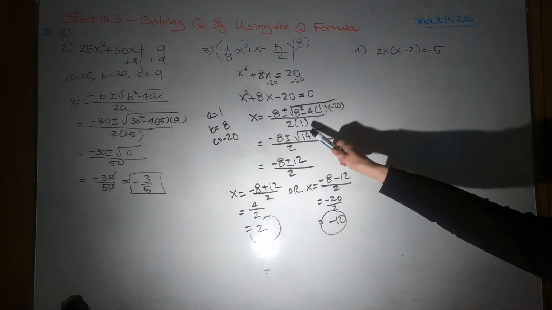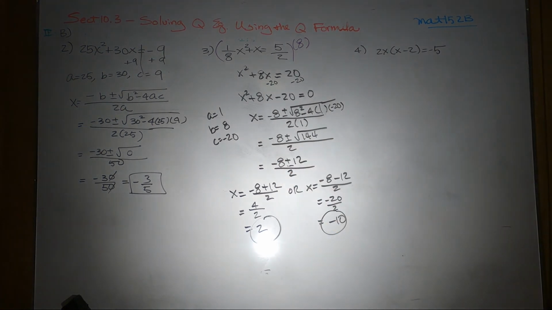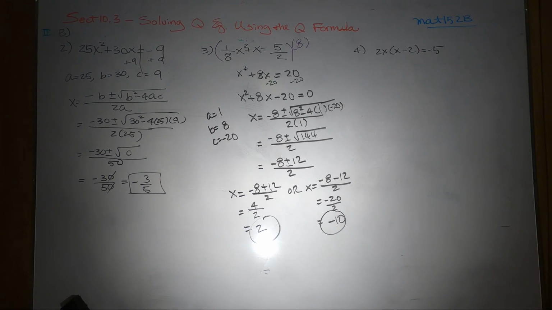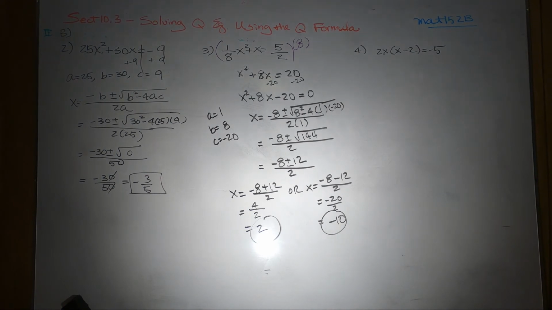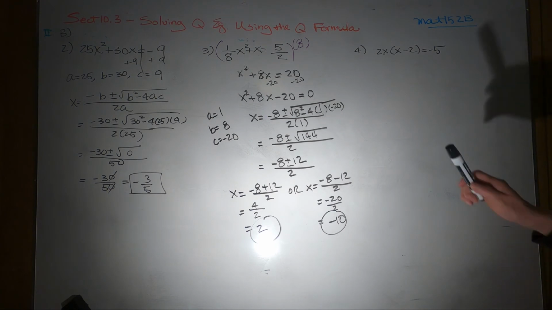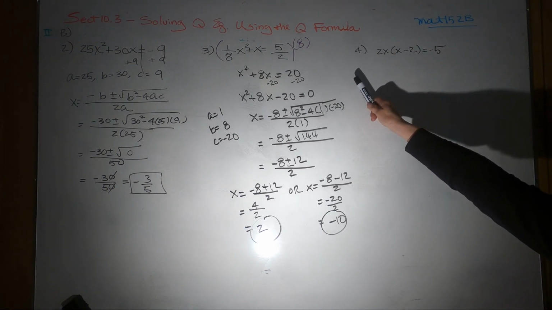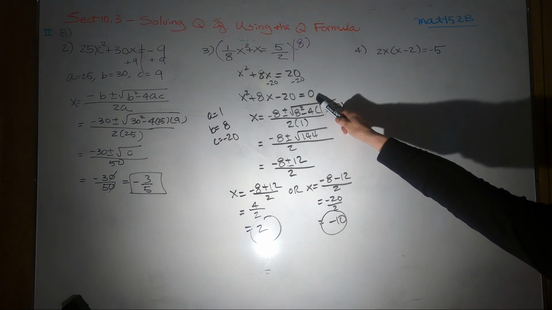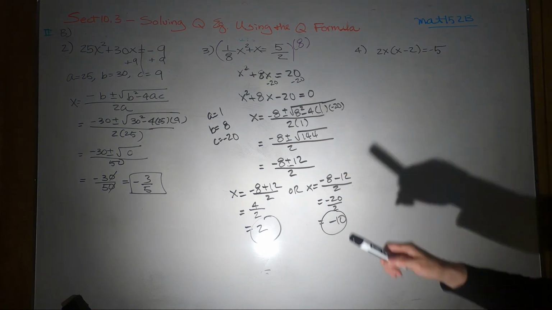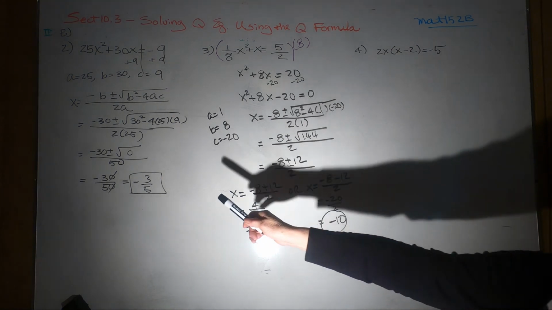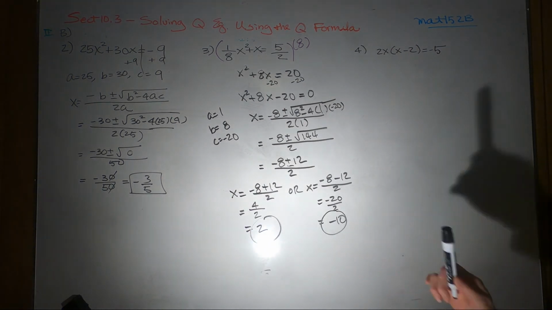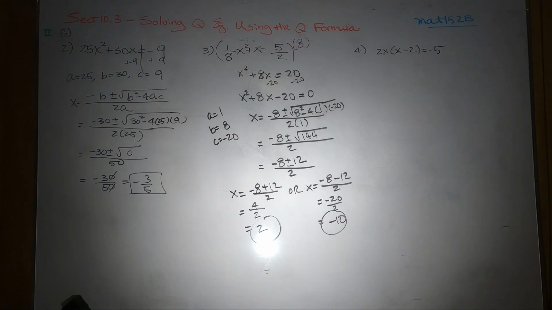Then you have regular whole numbers as your A, B, C, right? So what are we doing? We are solving quadratic equations by using the quadratic formula, right? So you write it in standard form and plug in your A, B, C. Sometimes you have 1 answer, sometimes you have 2 answers so far, right?